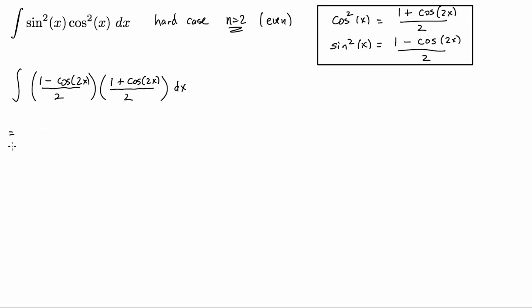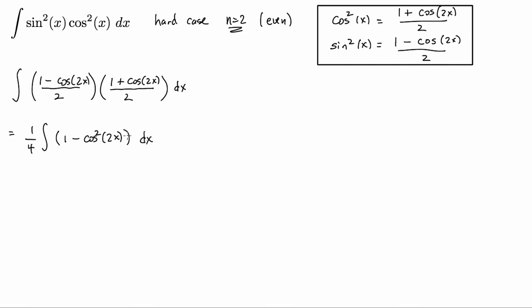All right, we're going to clean this up a little bit. We've got factors of 2 on the bottom. I'm going to bring both of them outside the integral as a 1/4. And then what you notice is the numerators in both cases are a difference of squares. And so if I combine them or FOIL them, I'm going to get 1 minus cosine squared of 2x.